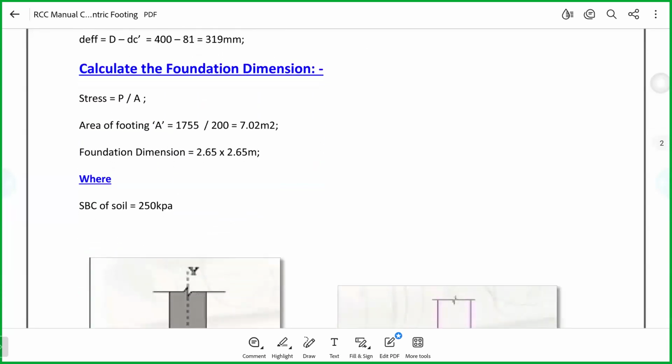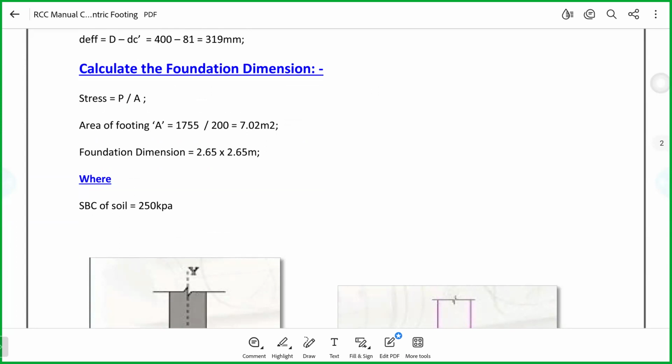And calculating the foundation dimension. How do you calculate the foundation dimension? Stress equals load by area, right? Now I need the area, so I will cross multiply, which is load by stress. So stress, I'm assuming the SBC of soil is 200. Okay, it's not 250, it's 200.